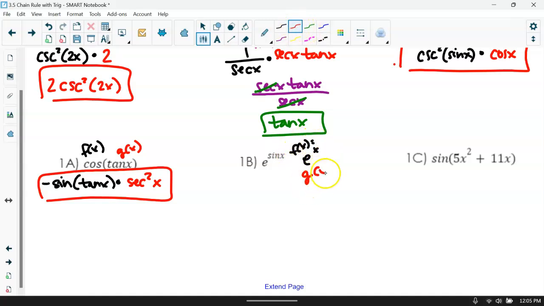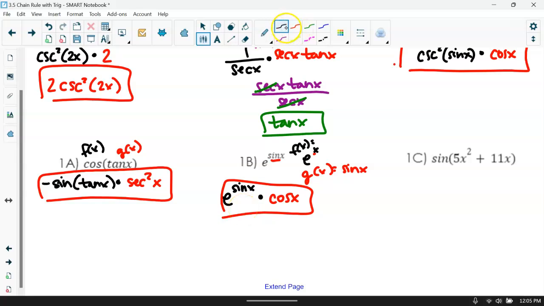And g of x, your inside function, is sine of x. So here, derivative of e to the x, so that's just e to the sine x, times derivative of sine, which is cosine x.